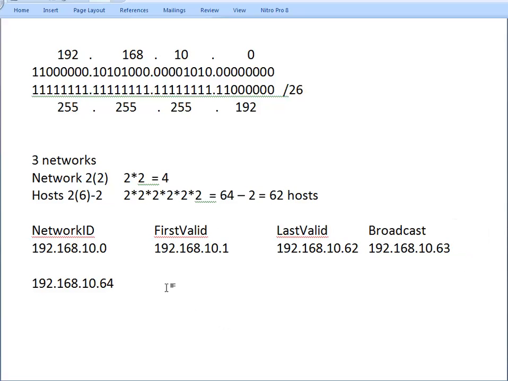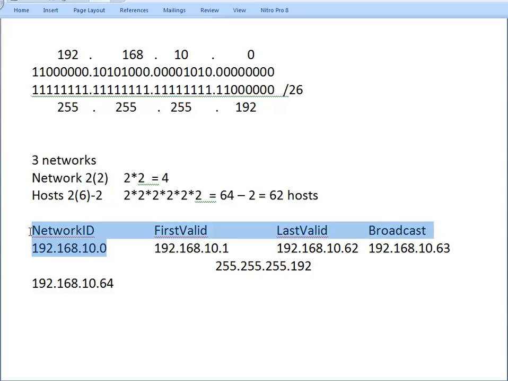And we move to the second network. I just want you to remember that the subnet mask, for all of them, will be the same, 192 in the last octet. So whatever IP address you are giving to the PCs, you need to give this subnet mask. You can't give this address because this is the network ID, and you can't give this address because this is a broadcast.